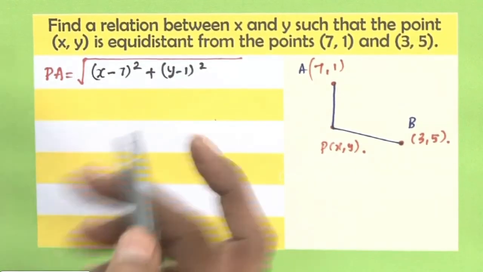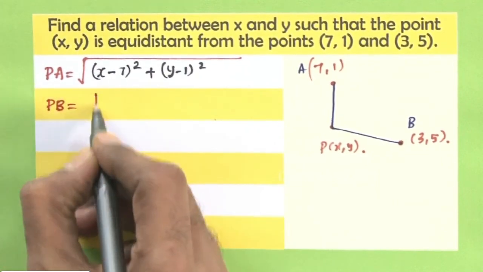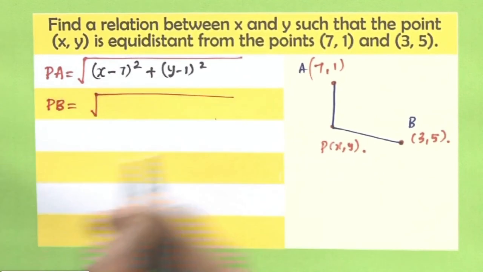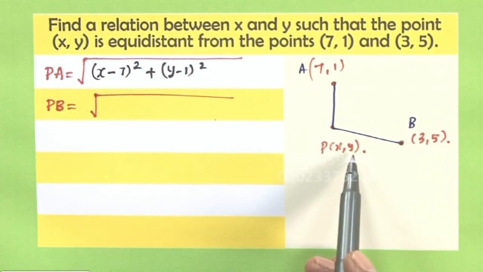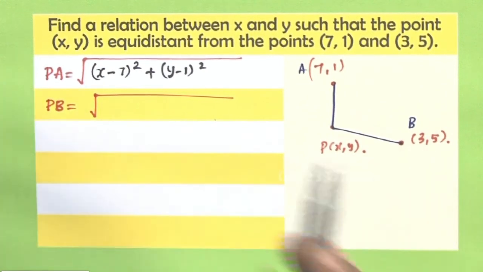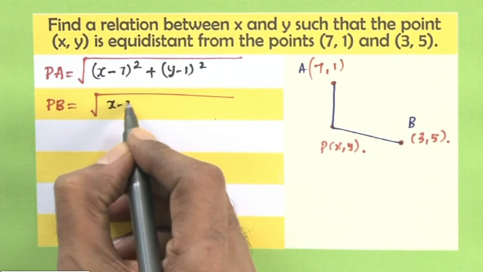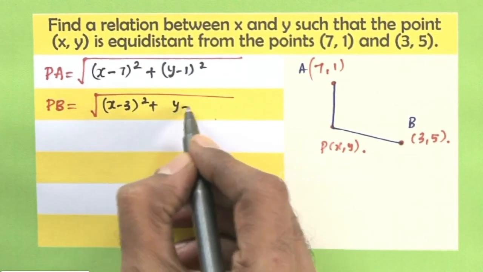Similarly, dear students, I know you will only answer this, what is PB? What is PB? Right? x2, y2, you consider that as x and y, and x1, y1. The new x1, y1 is 3 and 5. x minus 3 whole square plus y minus 5 whole square.